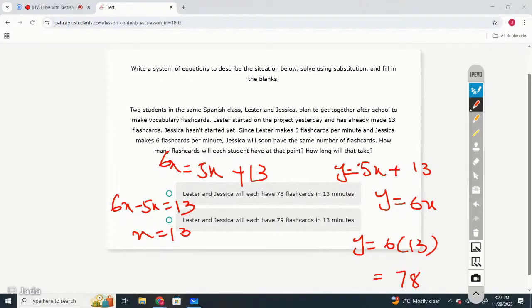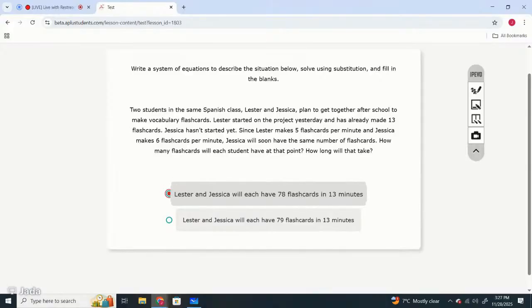So option number 1 is the correct option. Lester and Jessica will have 78 flashcards in 13 minutes.